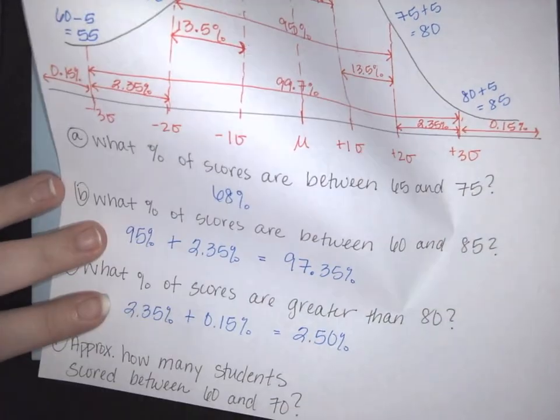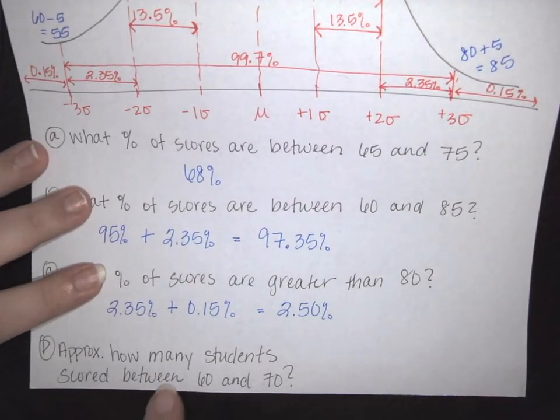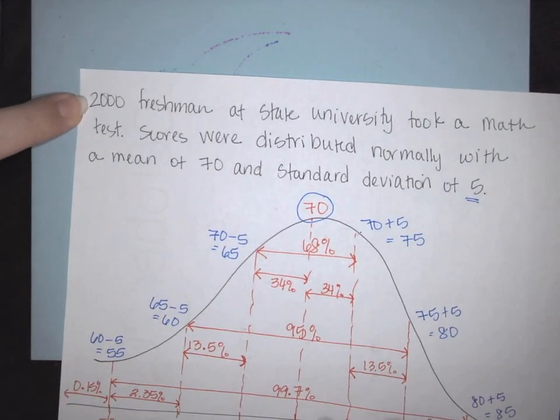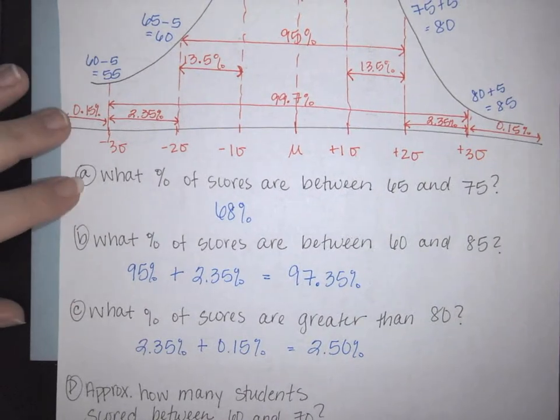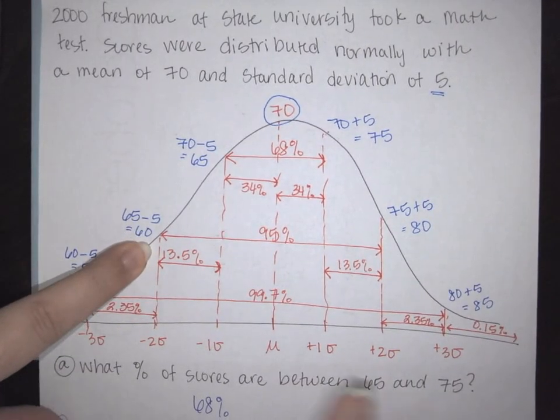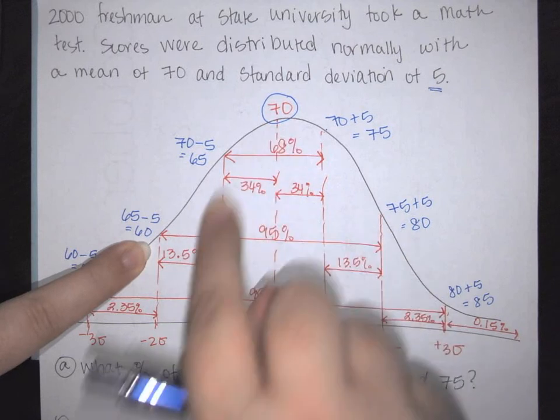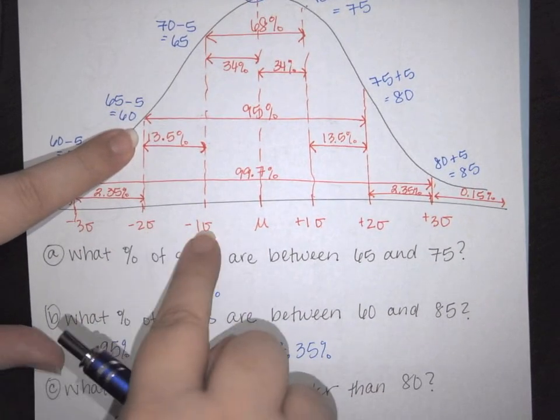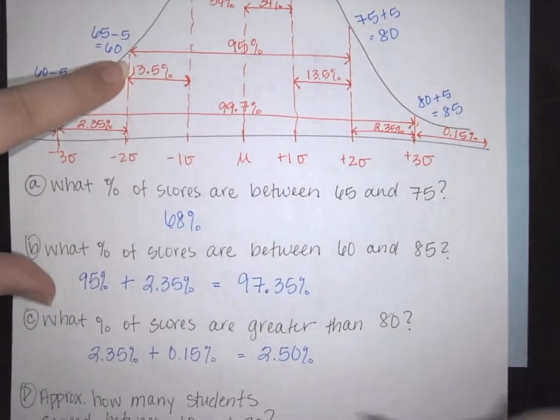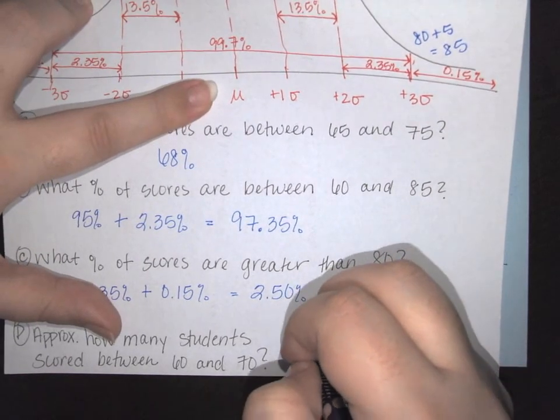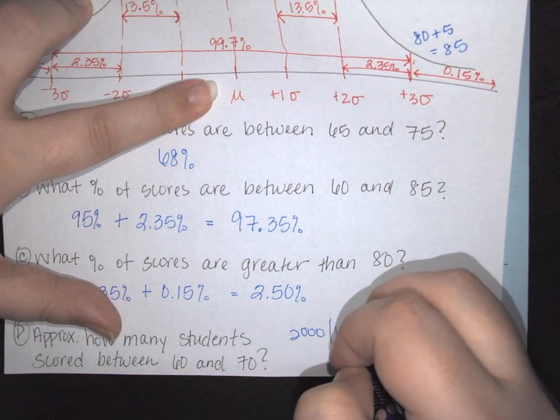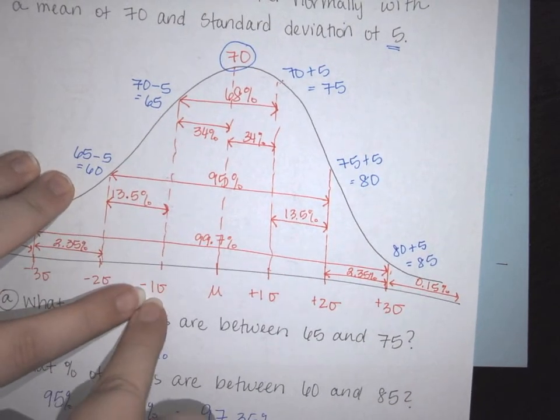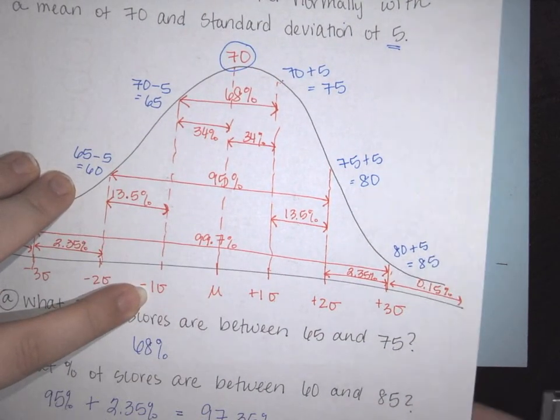And then last, I want to know approximately how many students score between 60 and 70. First I know that there are 2,000 freshmen here, and I'm looking between 60 and 70. So here is 60, up here is 70, so we're looking at -2 all the way over to my mean. From -2 to -1 is 13.5%. So this is going to be my 2,000 students times 13.5%, plus I have to go from -1 to my mean, which is 34%.